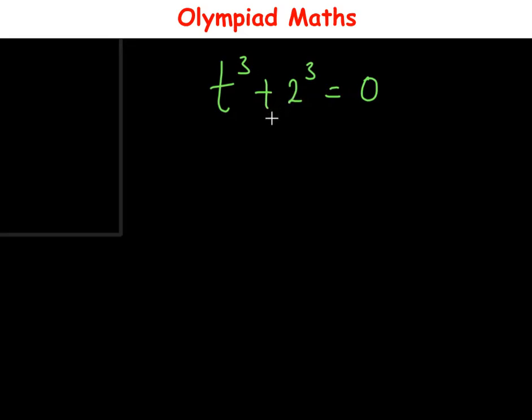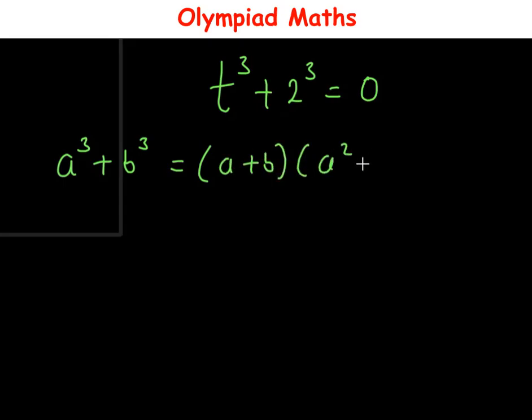And from here, what we have is the sum of two cubes. If you have a raised to the power 3 plus b raised to the power 3, this is equal to, in brackets, a plus b multiplied by a squared minus ab plus b squared. Okay, so in this case, the value of a is equal to t, while the value of b is equal to 2.